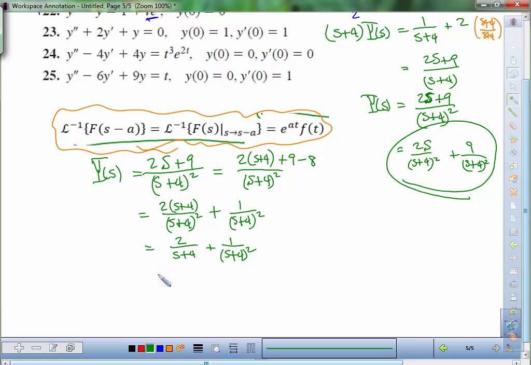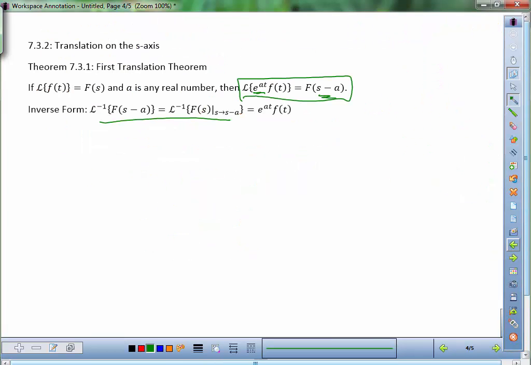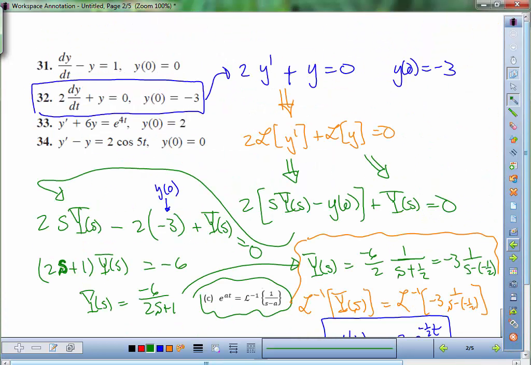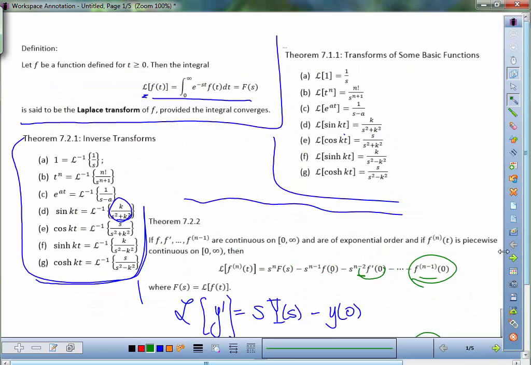All right, now let's do this. The first one, we didn't really need this theorem. Sine has an s squared, sine and cosine both have s squareds. Which one is it? Exponential. Right? S plus 4.